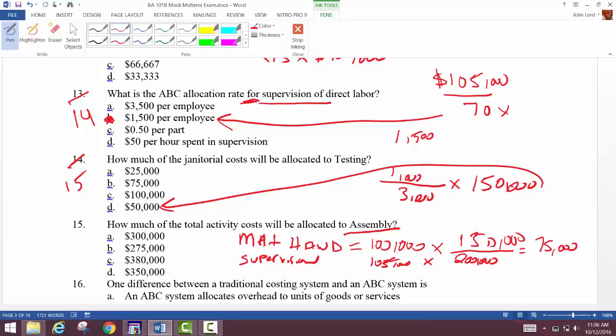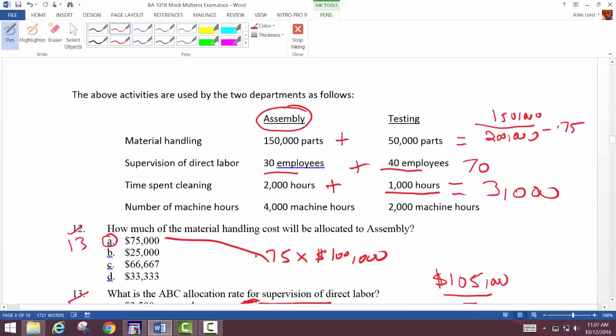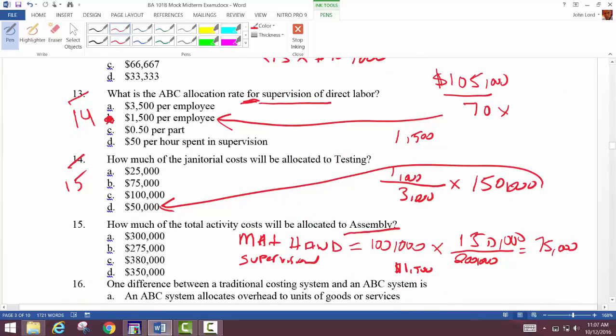Oh no, I don't need the 105,000 here because I already came up with a rate per employee. The rate per employee was 1,500, right? And the number of employees being used in assembly is 30 employees. So 1,500 times the 30 employees is going to give me 45,000. So I got that one for supervision.